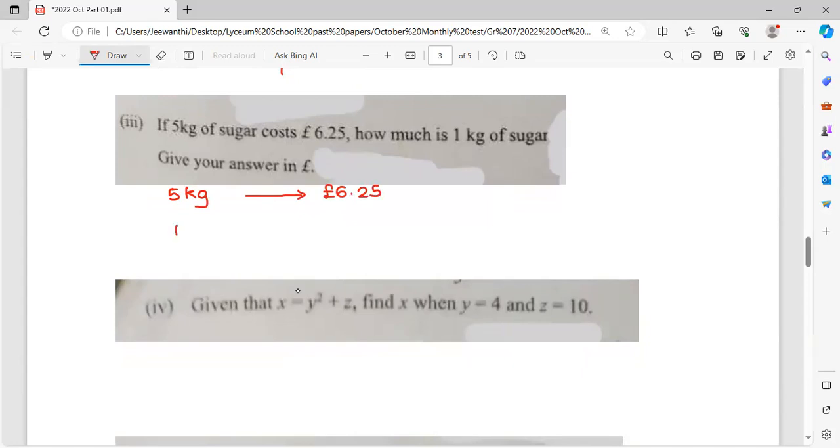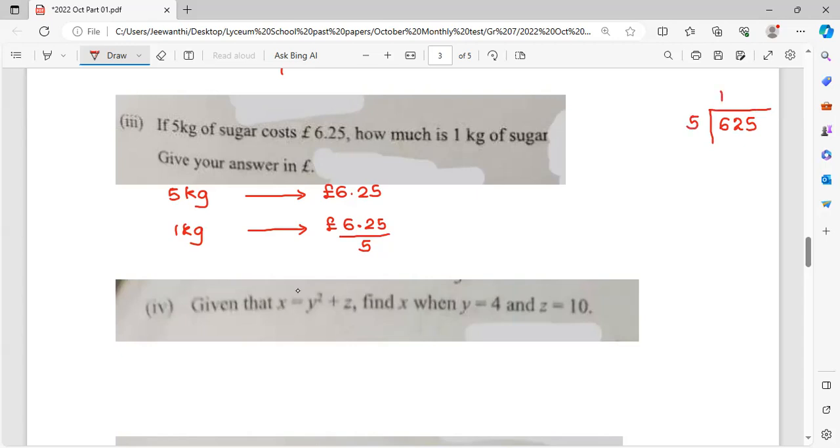So then for 1 kilogram, children, you want to divide 6.25 by 5. When you divide a decimal number, can you remember what you are supposed to do? You just forget about that and write the number 625 and divide it by 5.